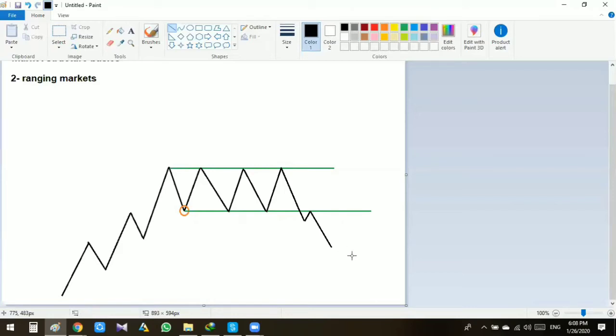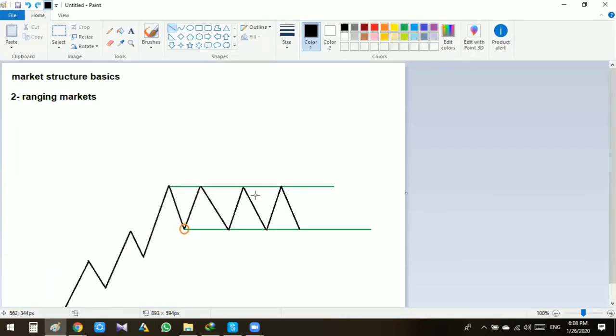I will explain break and retest about ranging markets. Would you expect this in lower or higher time frame? Rami, my brother, we can see this movement, I mean ranging market, in all time frames, right?